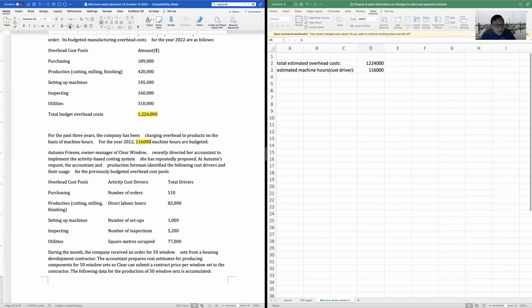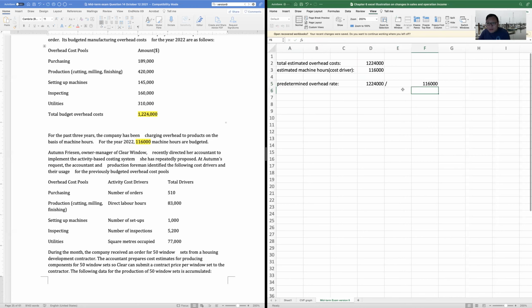These two numbers will give me the predetermined overhead rate. So I use the total expected overhead divided by the cost driver level.